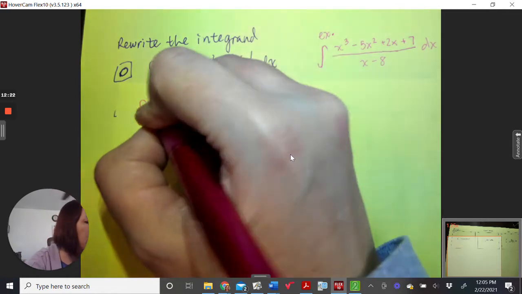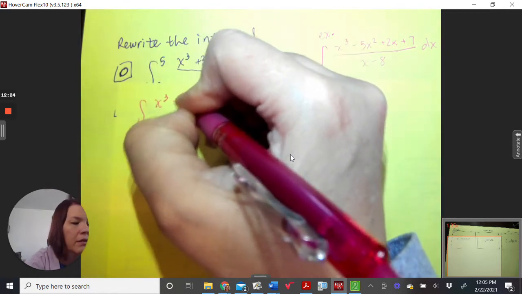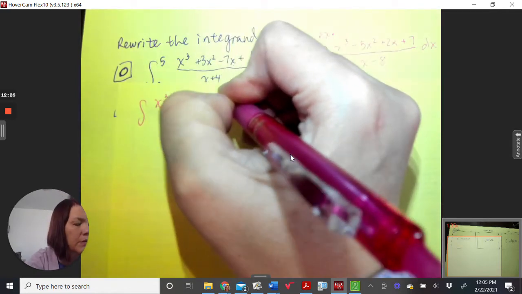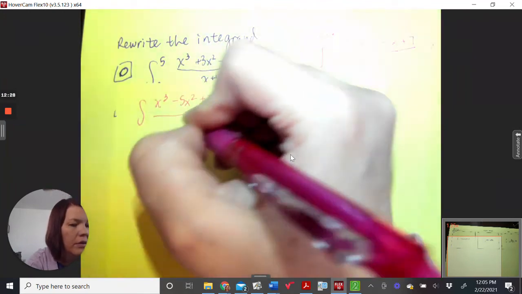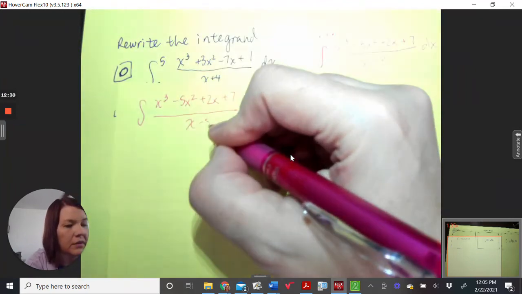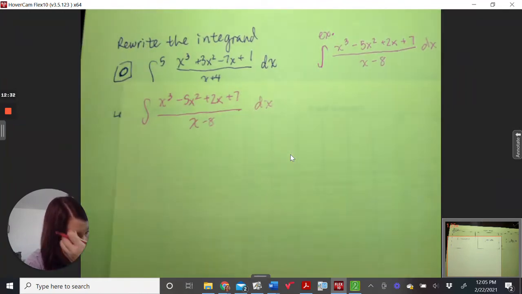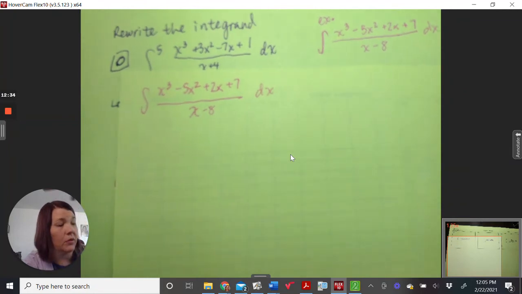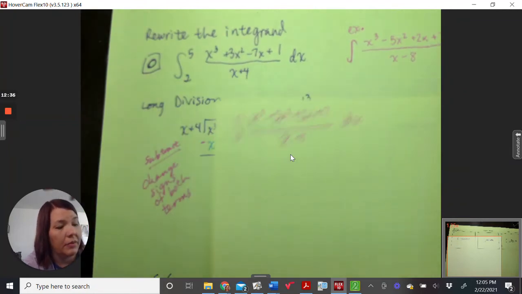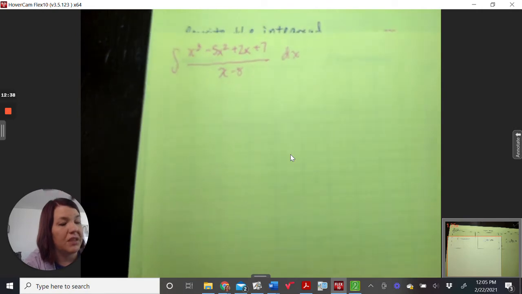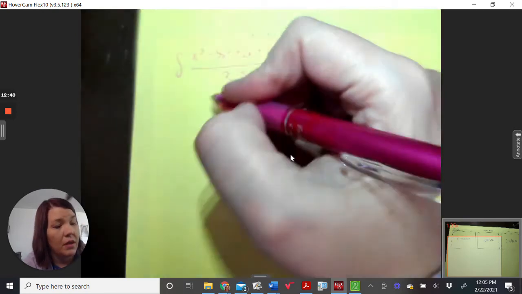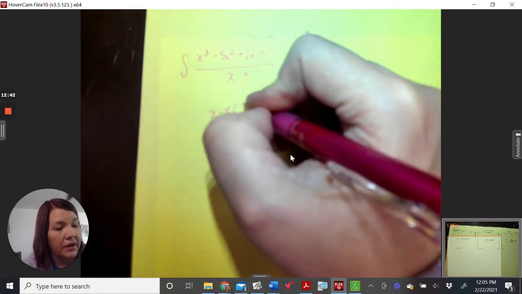I'm going to go ahead and set that up. Let's see what happens. So I've got x minus 8 divided into x cubed minus 5x squared plus 2x plus 7. And so I think to myself, what do I multiply?